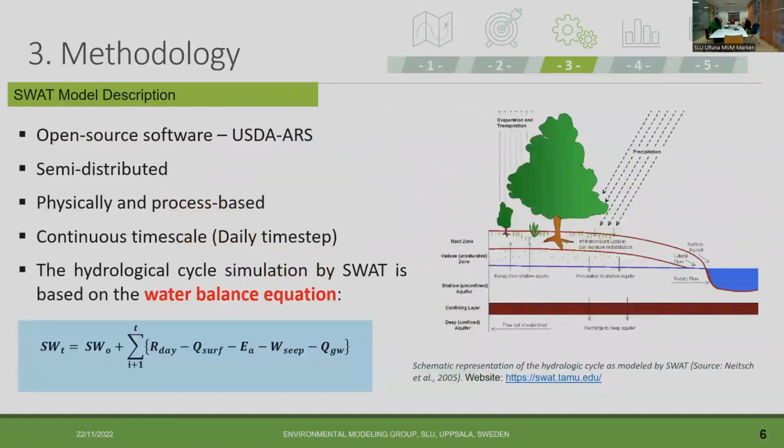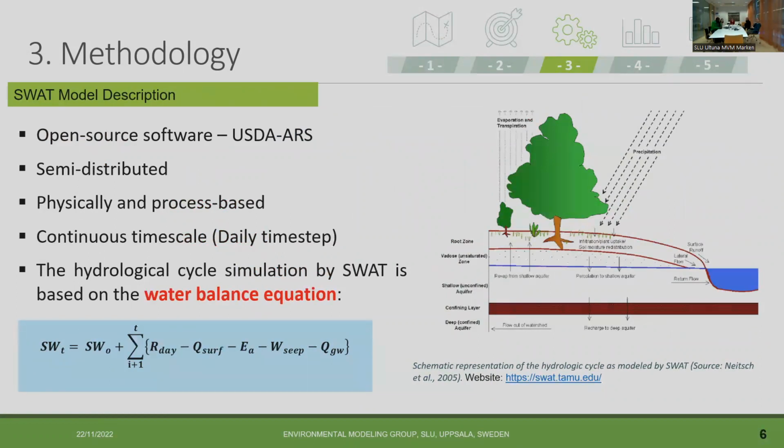And so the model of choice was the SWAT model from the United States Department of Agriculture. I think most of us already know about the model: a semi-distributed model, both physically and process-based.